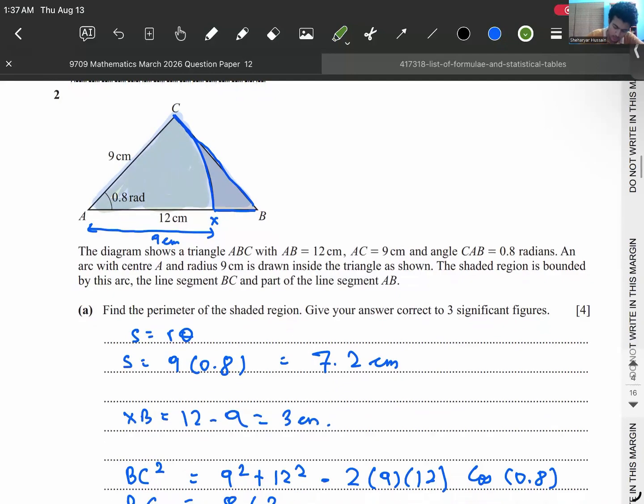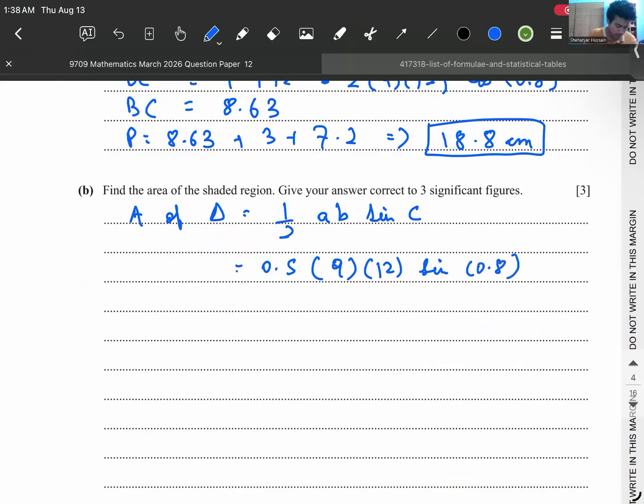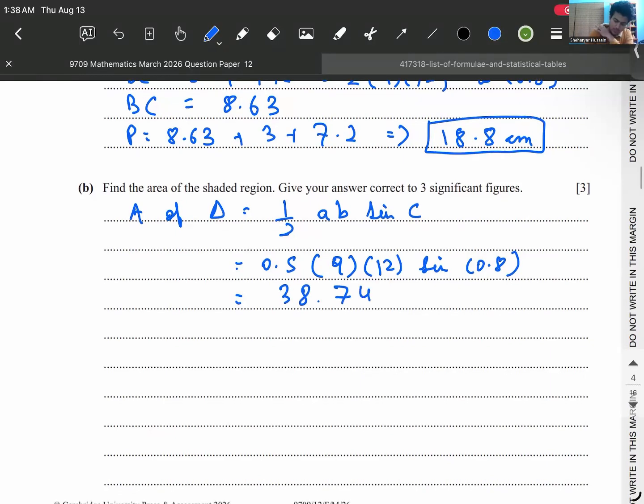So area of the triangle comes out from the formula of area of triangle equals half AB sine C. So this comes out to being 0.5 into 9 into 12 into sine of 0.8. Plugging this into the calculator, we get 38.74, correct to four significant figures.